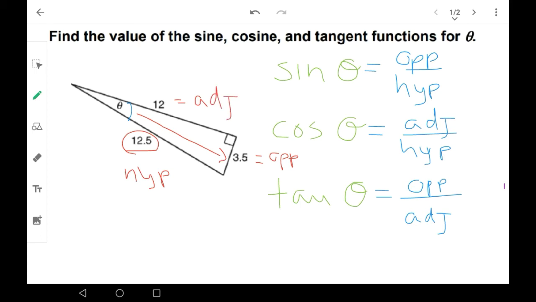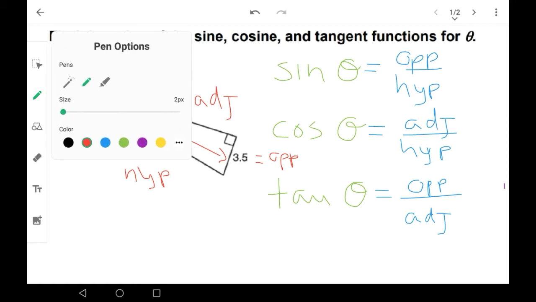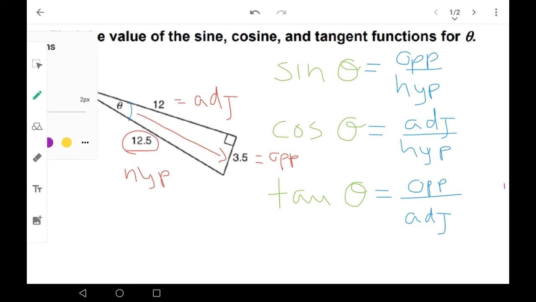And then we can plug in the formulas that we have. So we can continue here and find the three trigonometric functions for this exercise. The sine of this angle would be equal to what? Opposite. What is the opposite? It is 3.5 according to my triangle. And what is the hypotenuse?